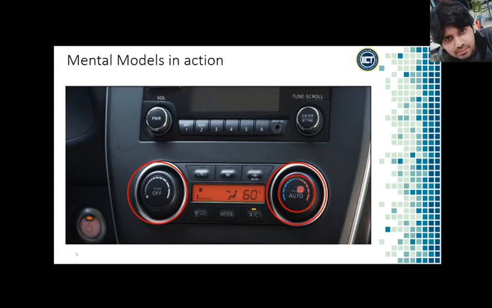But if I want to push it again, it will not turn off until I turn off this button, which controls the flow of air inside the car. Now I do not understand this point, and it does not fit my mental model. Why is there such a system which I cannot turn off until I turn the flow of air control inside the car off?